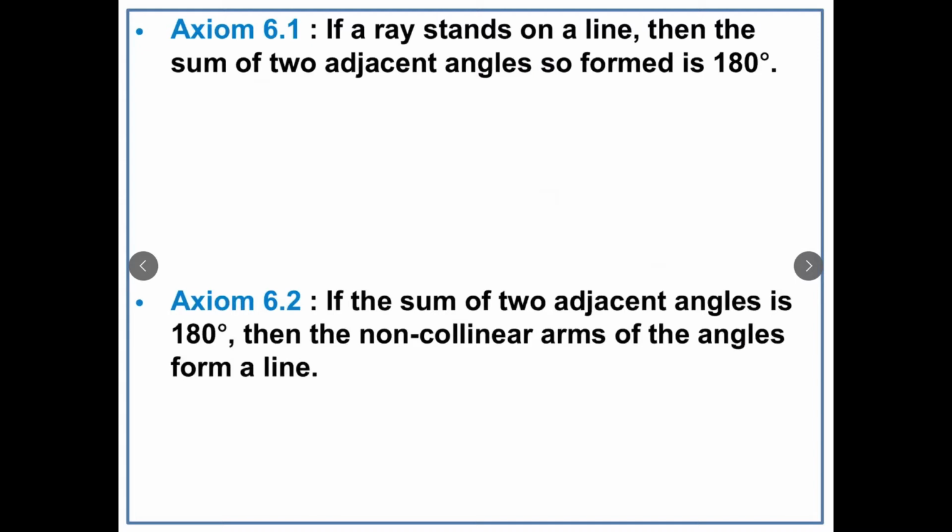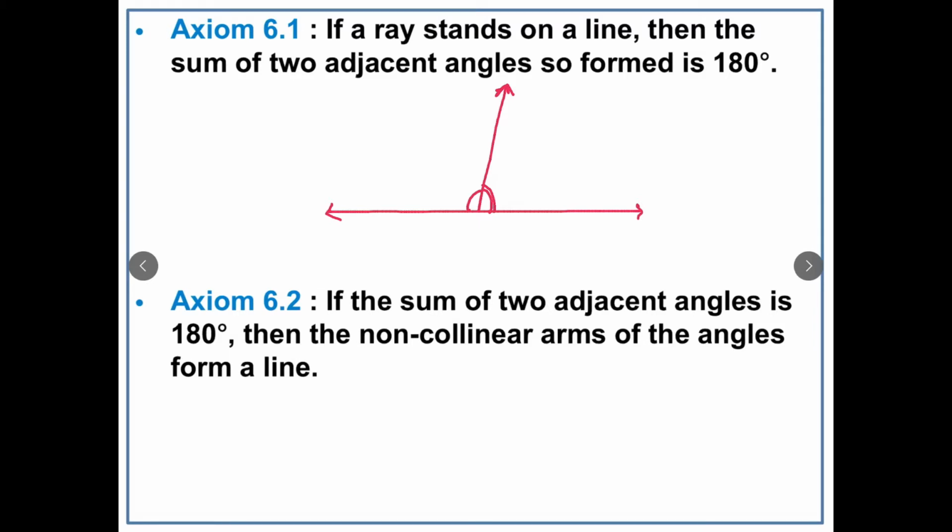This simply means we have a ray which is standing on a line. So let's first draw a baseline, and there is a ray standing over it like this. Then the sum of the two adjacent angles so formed, it is forming two adjacent angles, first one this and second one this.